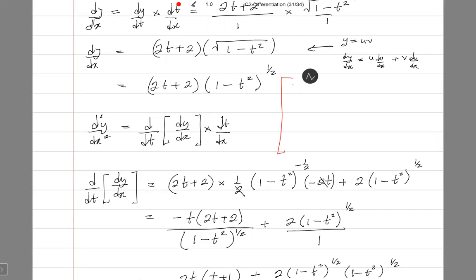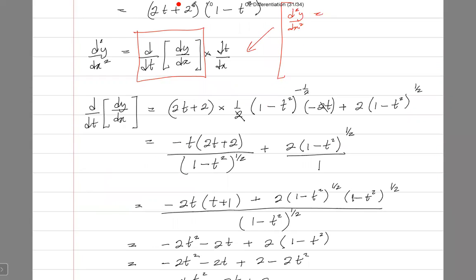So let's change the ink, we basically have a space issue. So d2y by dx squared would be equal to this here. We're not going to bother write it again. So it's this multiplied by dt by dx, and dt by dx is 1 over dx by dt.